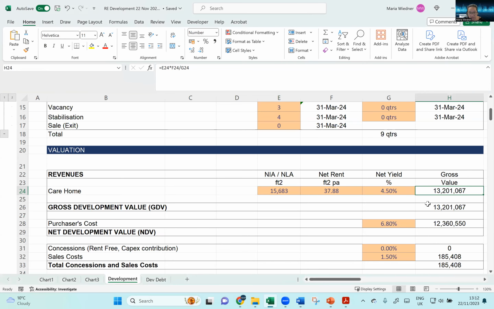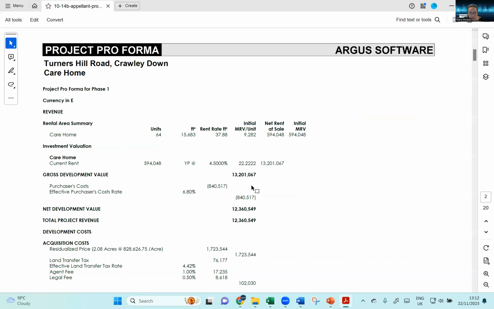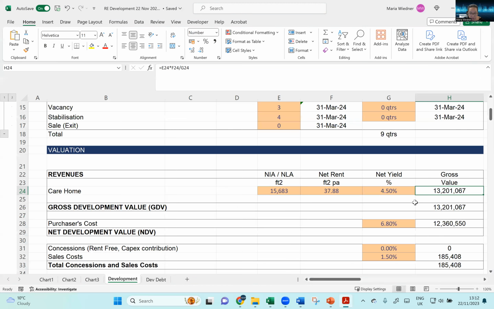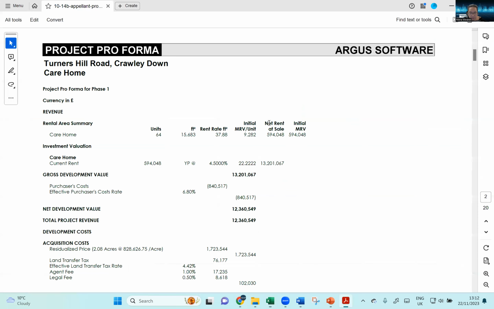That gives you a GDV of 13,201,067, which is the same as we achieved here. So this GDV is a function of the rent times the size divided by the 4.5%. That gives us 13 million.